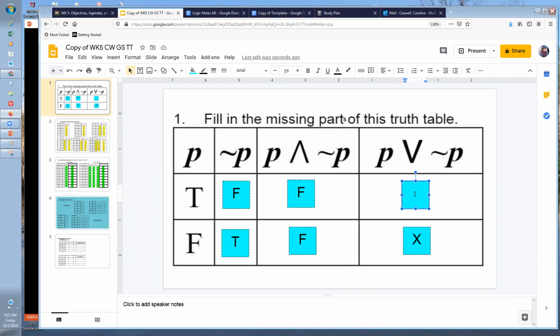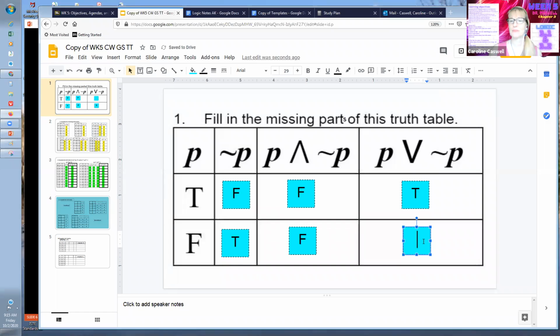True. It is true. How about F and T? That's also true. Because remember, on the and, the only one true is true. On the or, the only one false is false. If you can figure out a way to think about that in your own head, it's not too bad.